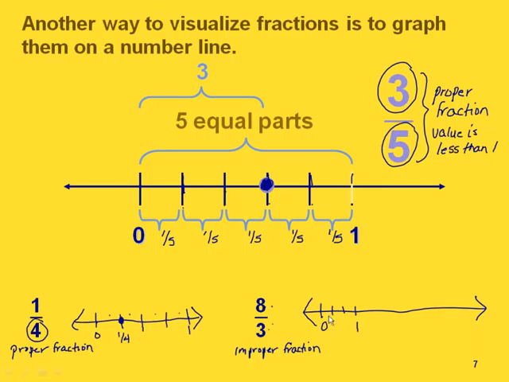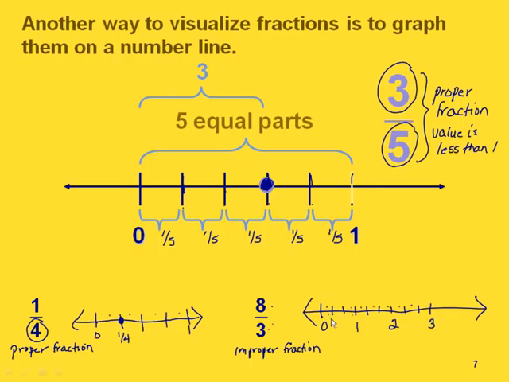So if we have 1, 2, 3 equal parts, that gets us up to 1. Another 1, 2, 3 equal parts gets us up to 2. And another 1, 2 equal parts. Now we have 1, 2, 3, 4, 5, 6, 7, 8 equal parts. Let's draw one more here so that we can get up to 3.